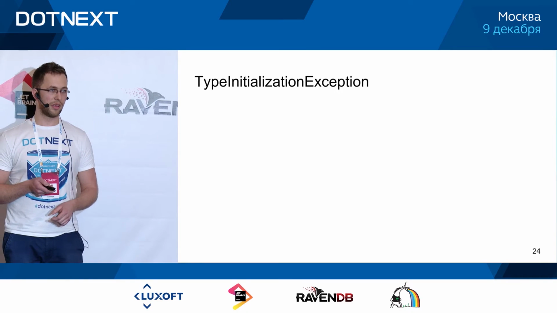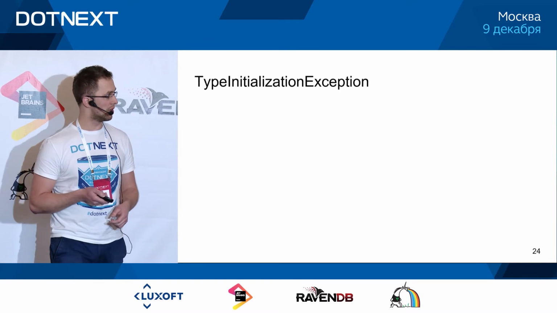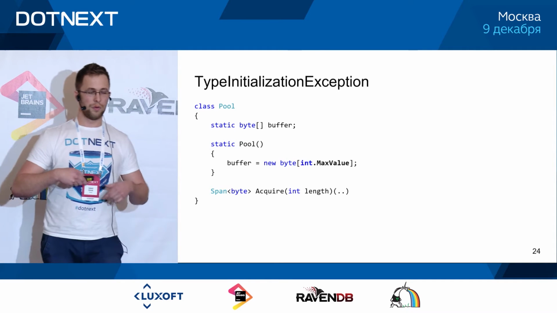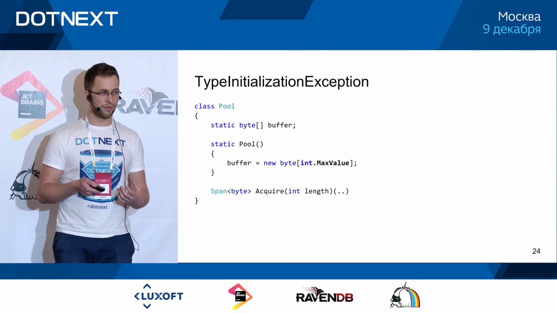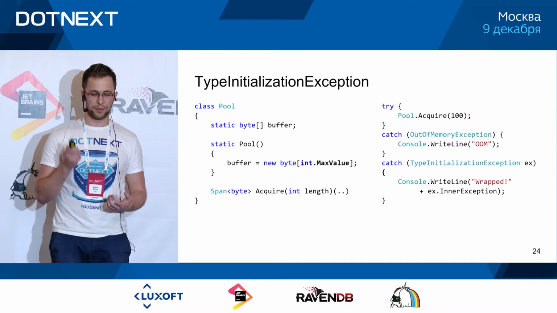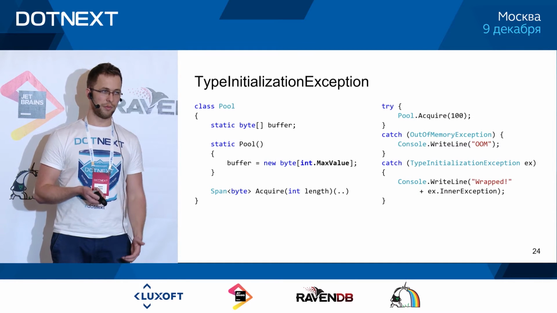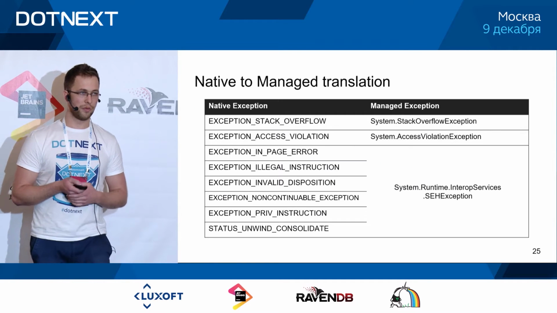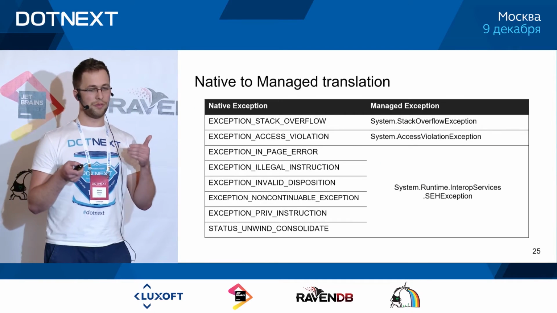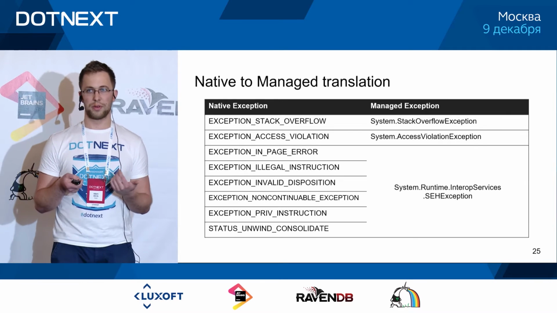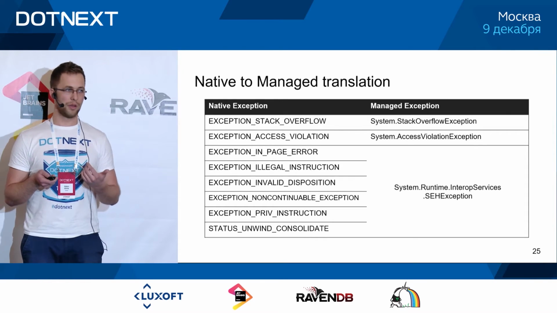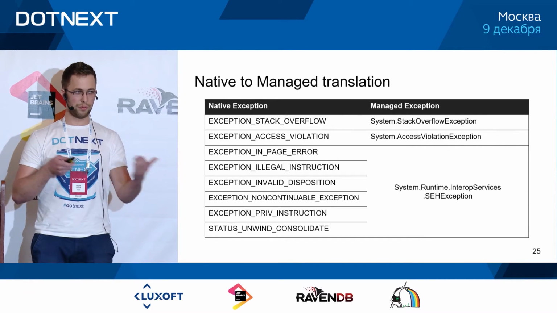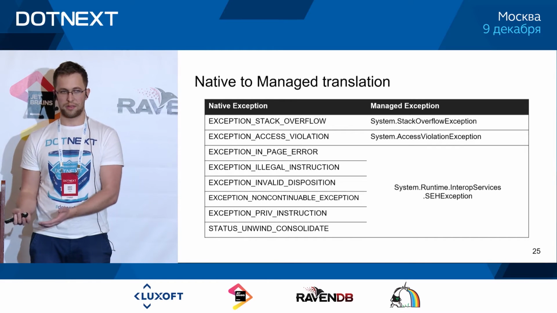The other wrapping takes place in exceptions that are thrown in static constructors. When a static constructor fails with an exception, it's wrapped into TypeInitializationException. Another surprise for us. But the most important thing happens when we invoke native code from managed code. And as you know, native code can fail with an exception as well. So there is a translation. If there is a one-to-one mapping, we get the exact same type.